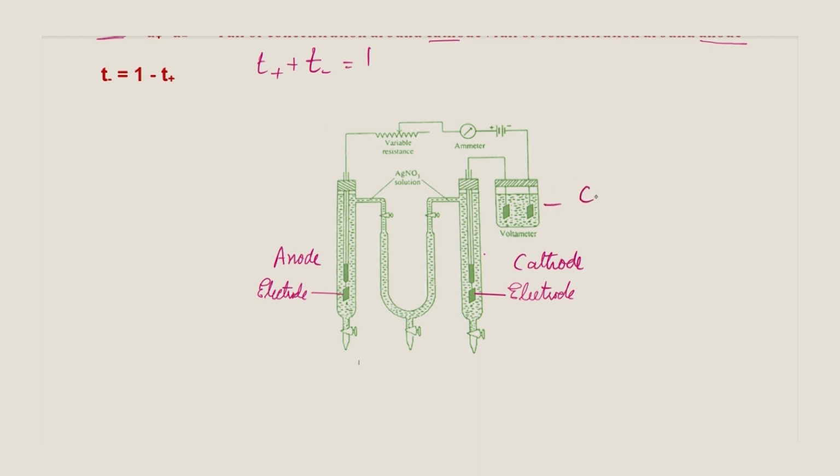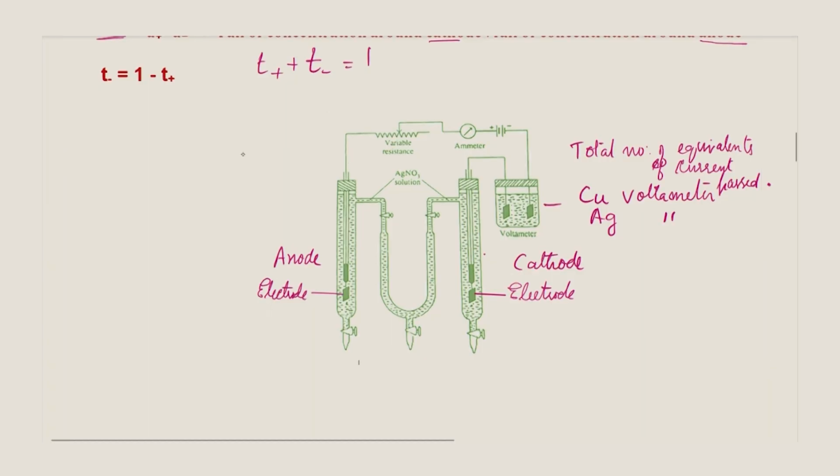It can be either a copper voltmeter or a silver voltmeter. This is to measure the total number of equivalents of current passed, which we require in the calculation, and this will be proportional to the total fall in concentration of the electrolytic solution.